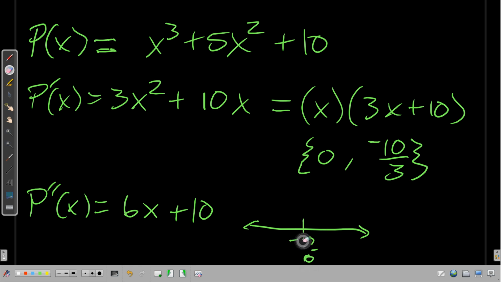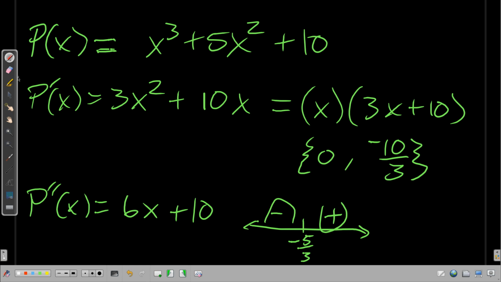Or I guess I could call that a minus 5/3, because 10/6 is 2 times 5 over 2 times 3, and the 2's cancel. So here at negative 5/3, this is a line with positive slope, so it goes up like that, which tells us that P is concave down here and concave up there.